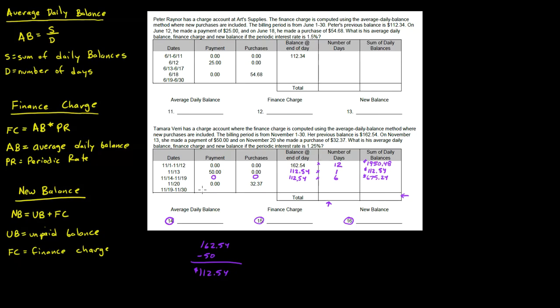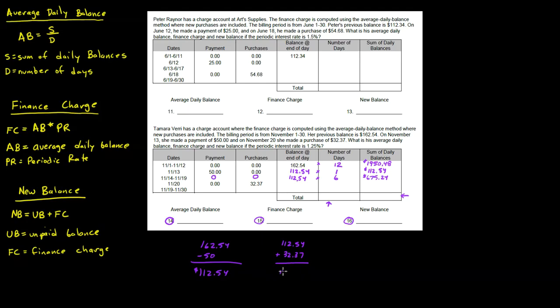Then I made a purchase of $32.37, says it up here in the description, on the 20th. So what happens is I don't owe $112.54 anymore. I used to owe $112.54, but now I owe an additional $32.37 because I bought something.